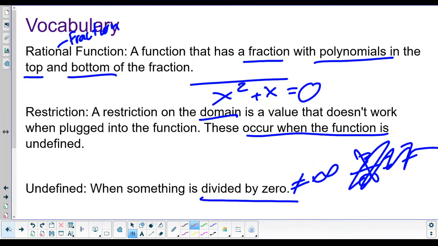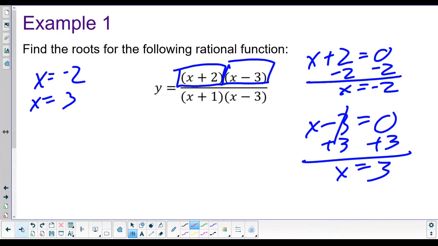But on the last page, I mentioned these things called restrictions. So the restrictions happen when the bottom of this is 0. Right? So we need to set these equal to 0 also to find our restrictions. And once we have them, I'll explain what they do. So same thing we did with the top, set the bottoms equal to 0.